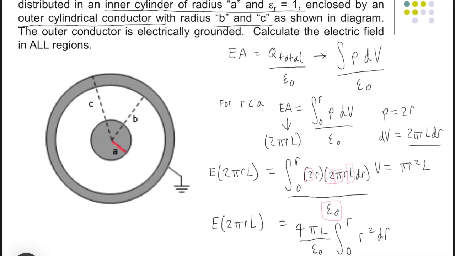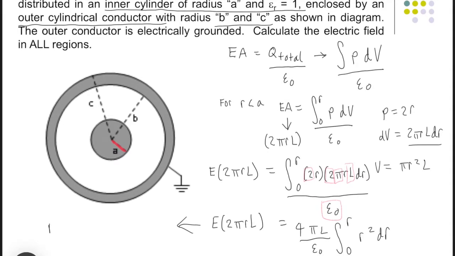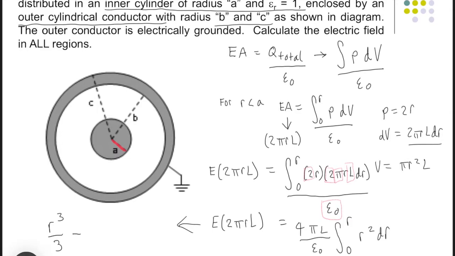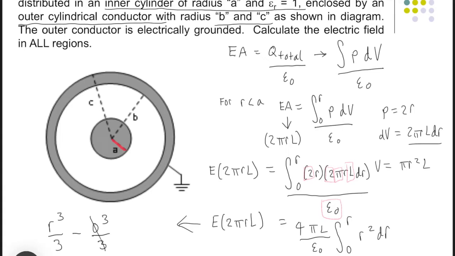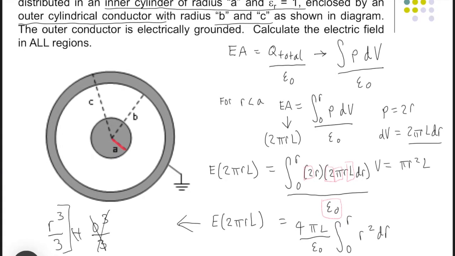And we just find this integral. This integral is r to the third over 3 minus 0 to the third over 3. This just becomes 0. So then we just have r to the third.